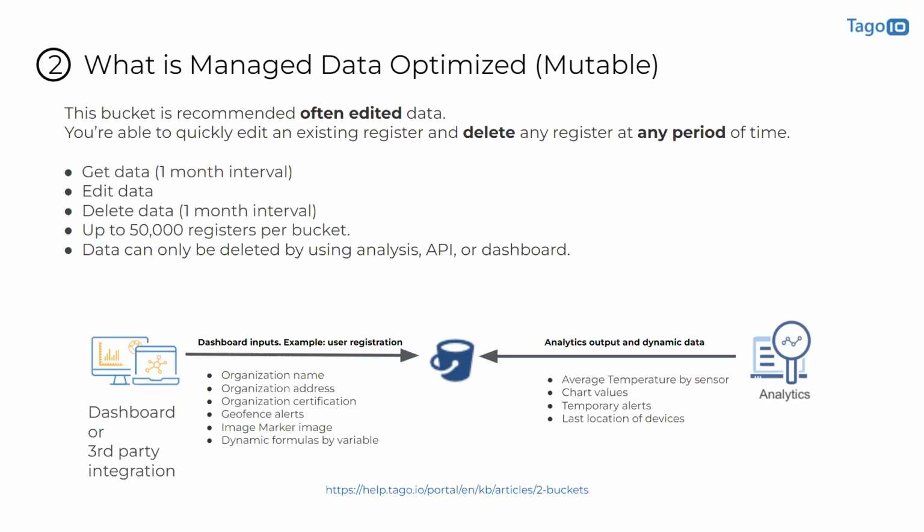And on the bottom here, we do have some example use cases for this kind of bucket. You want to use mutable when you are handling information that comes from a dashboard, for example, when you register an organization, or you are using geofences, because geofences need to be deleted and edited. The only way you can do this sort of action is using the mutable buckets. Image marker as well, a different kind of widget.